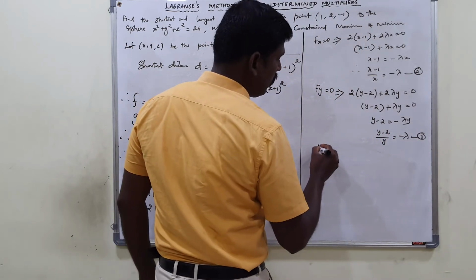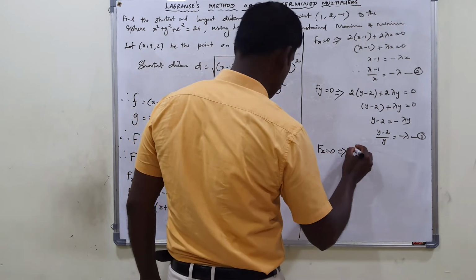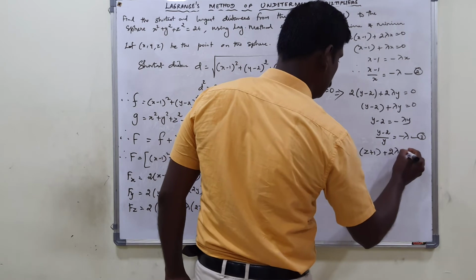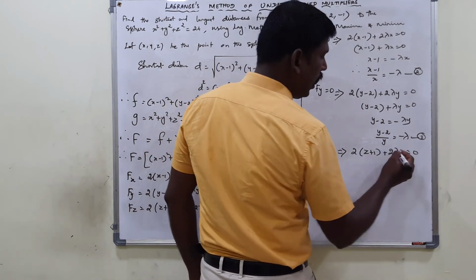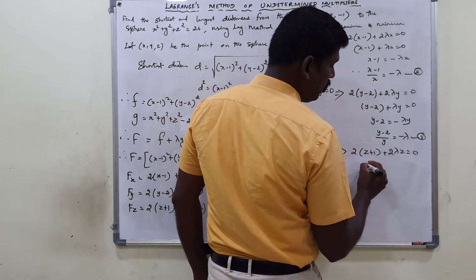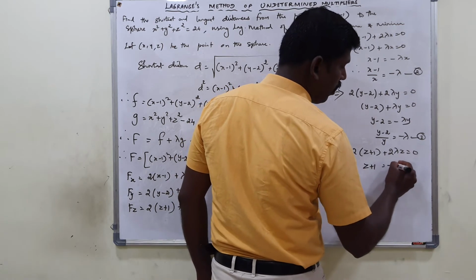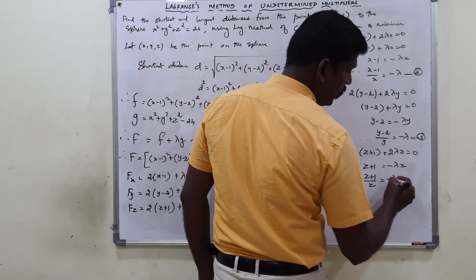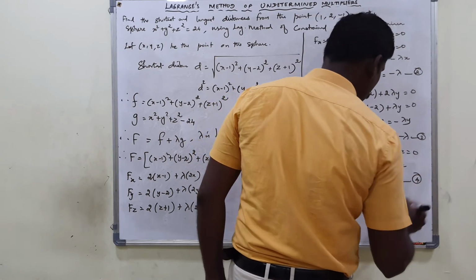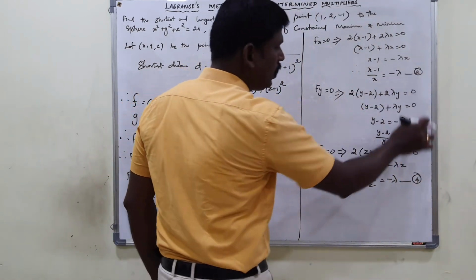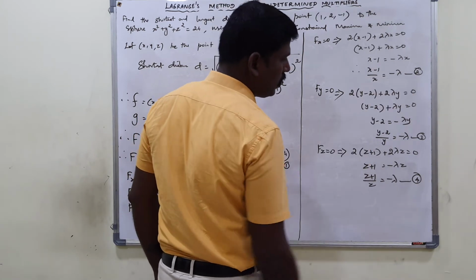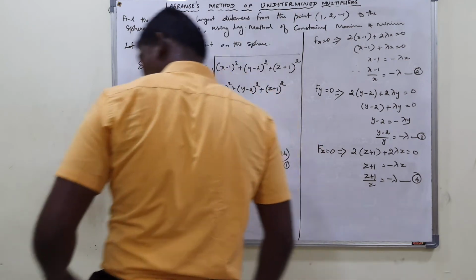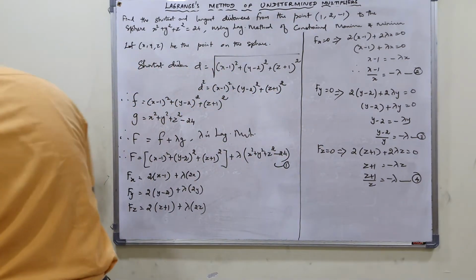Same like that, fz equal to 0 implies 2 into z plus 1 plus 2 lambda z equal to 0. Divided by 2 and take this term into right hand side, so what you get? Z plus 1 equal to minus lambda z. Same like that, z plus 1 by z equal to minus lambda. Equation number 4. Right? From 2, 3 and 4, all right hand sides are equal, therefore the left hand sides are also equal. Isn't it? Right?